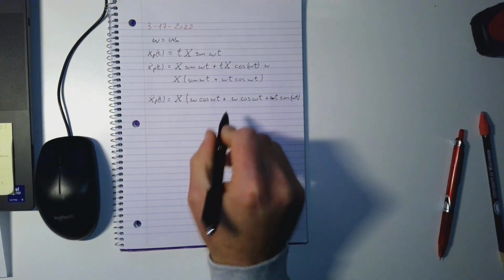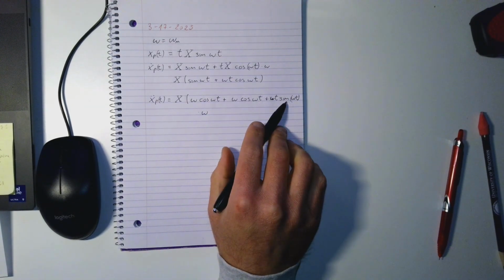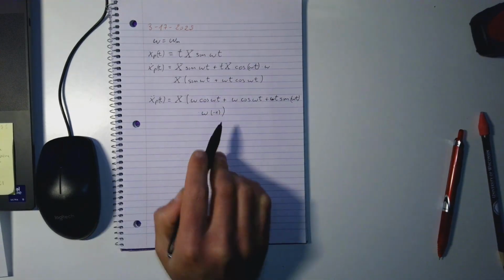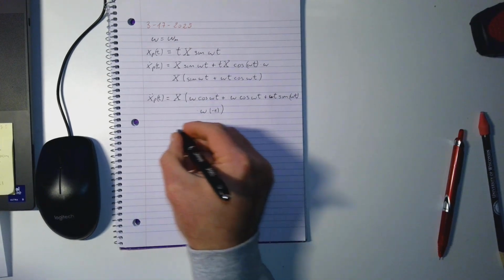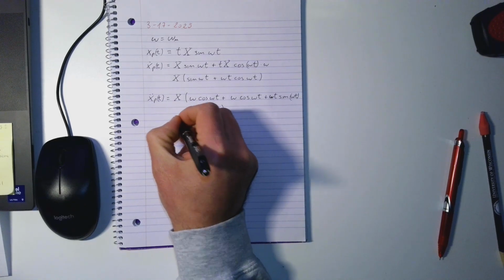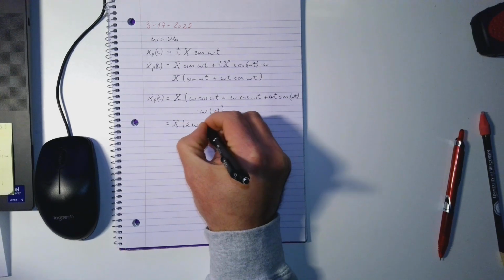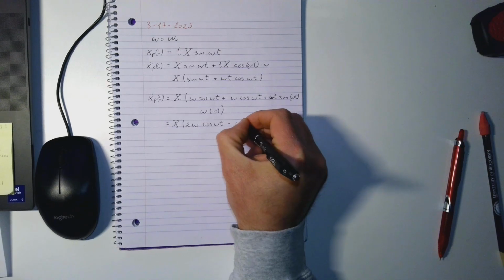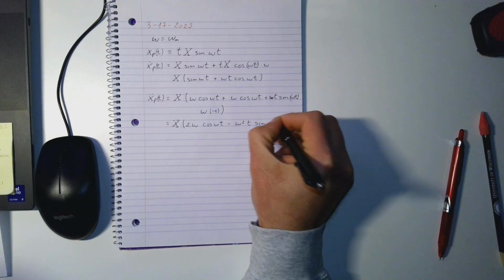I'm going on the other line because there is no space, times omega, and then the derivative of cosine is negative, so there will be a negative sign. So this negative omega multiplies this one. Even in this case we can slightly simplify. So we have this equal to X times 2 omega cosine of omega t minus omega square t sine of omega t.